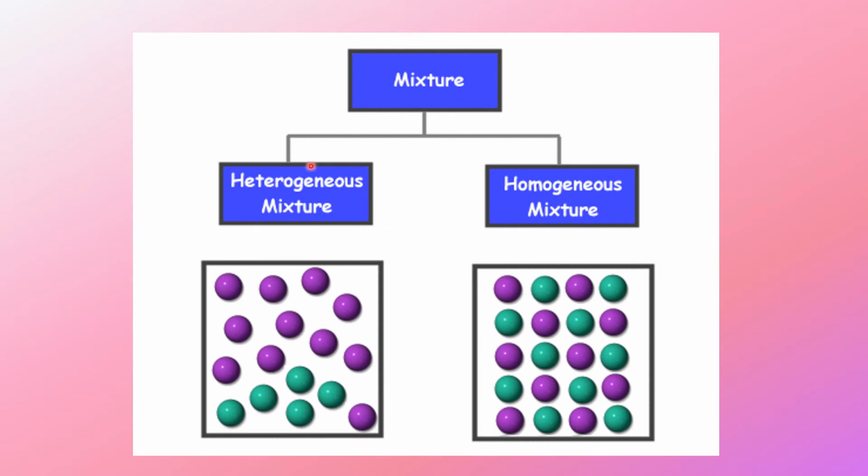Mixture is divided into two types, heterogeneous and homogeneous. Here in the picture, this is a heterogeneous mixture, meaning uniformity is not observed in the particles. But here the particles are in a uniform manner, so it is called a homogeneous mixture.